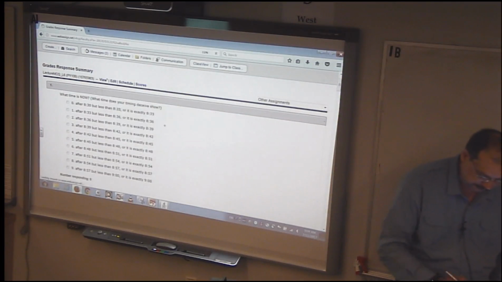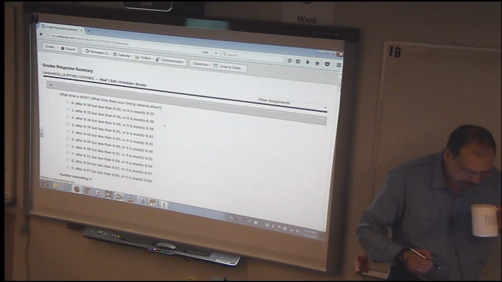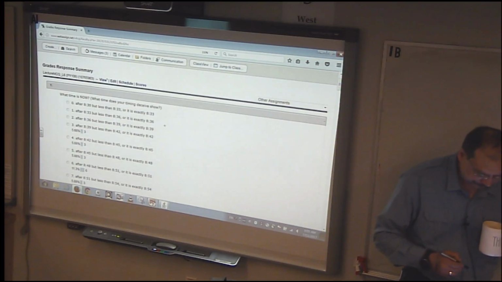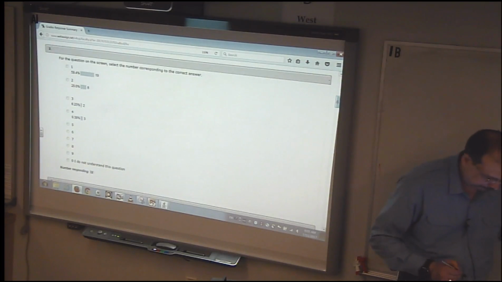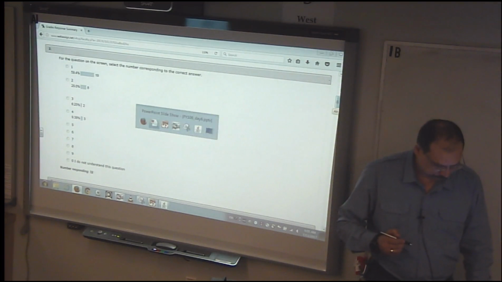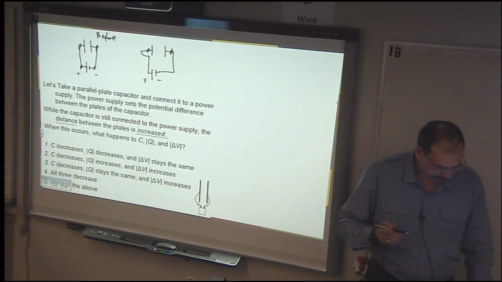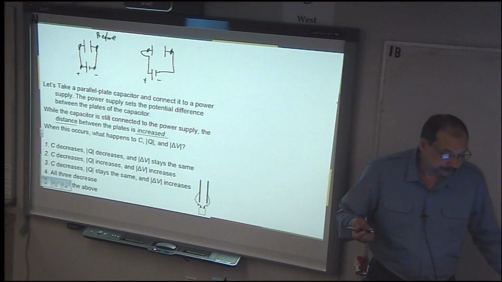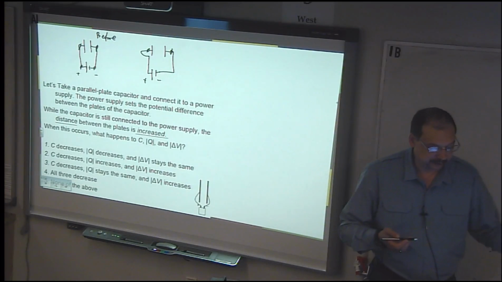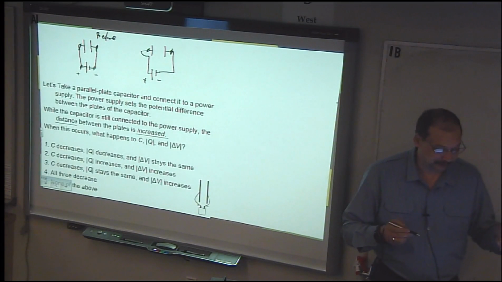Survey says: mostly correct. Yeah. When a capacitor is connected to the source of the voltage, that source is responsible for the voltage across the capacitor.